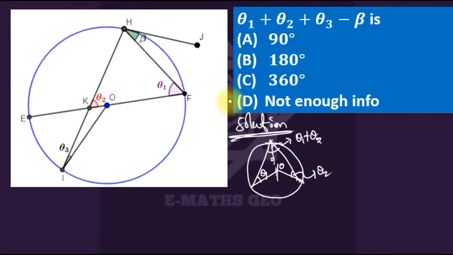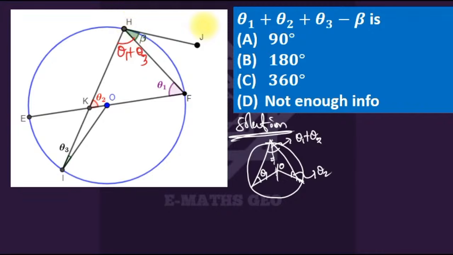So using that logic here, do you see the center? This angle will be theta 1 plus theta 3. Because we want to relate theta 1, theta 2 and theta 3, if this is beta, I have a tangent line.